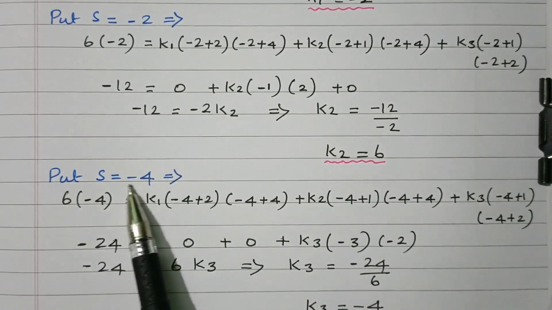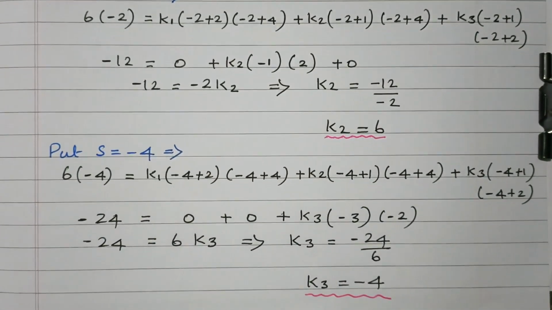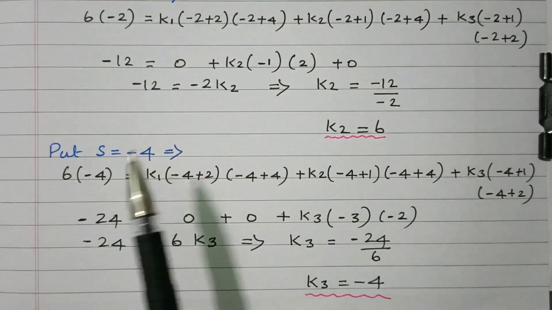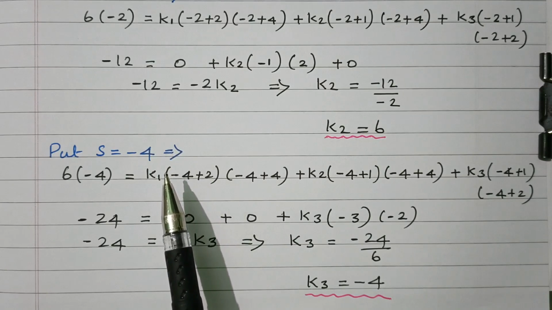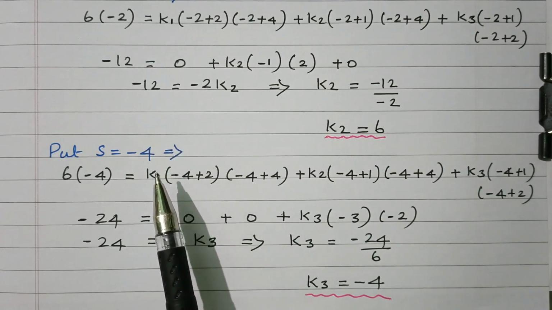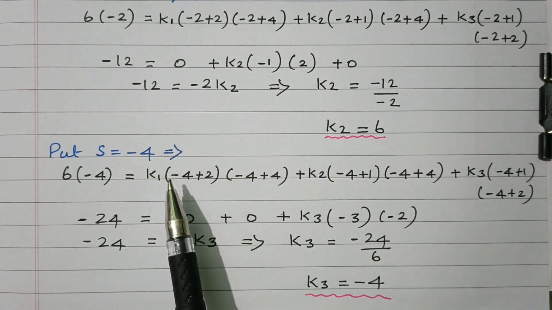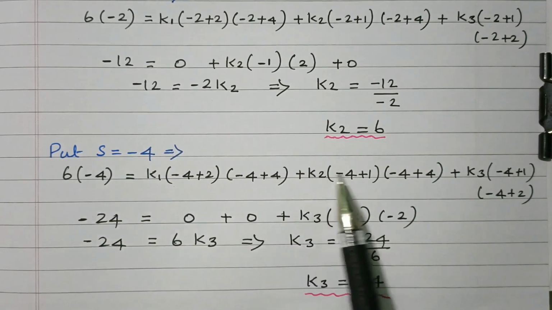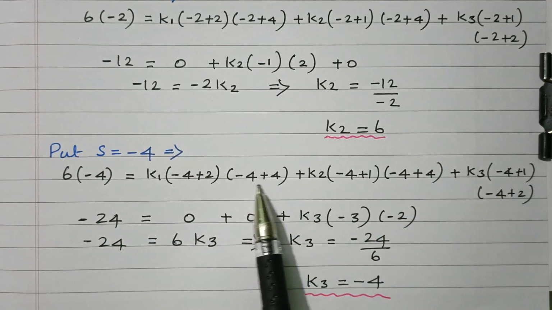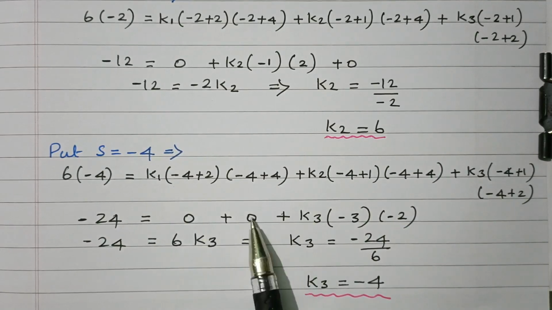Now we will substitute s equal to minus 4. So this s value is selected from the equation itself. We have s plus 1, s plus 2, s plus 4. So first we substituted s equal to minus 1, then s equal to minus 2, now s equal to minus 4. Right, s equal to minus 4 substituted. See here, plus 4 minus 4, 0.